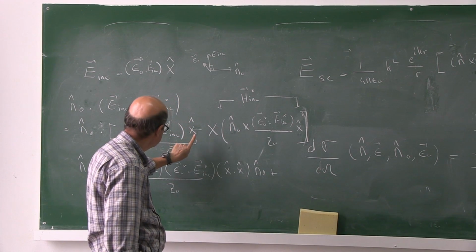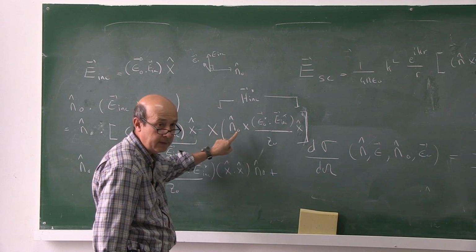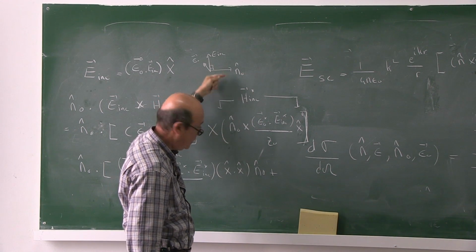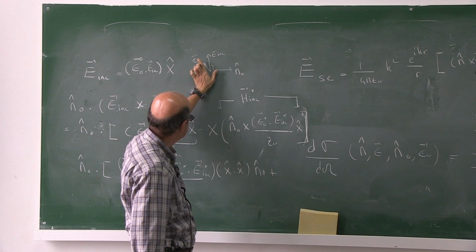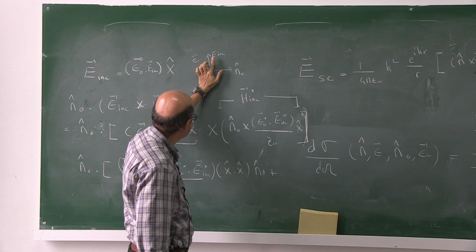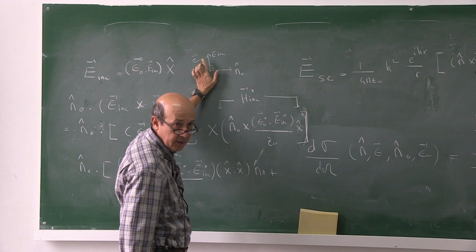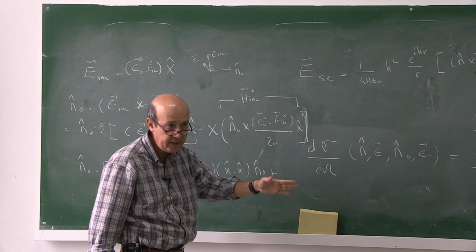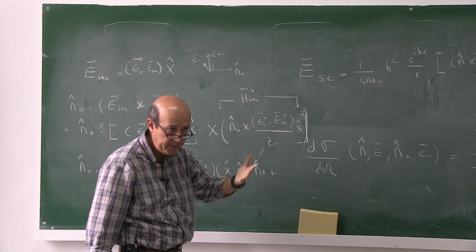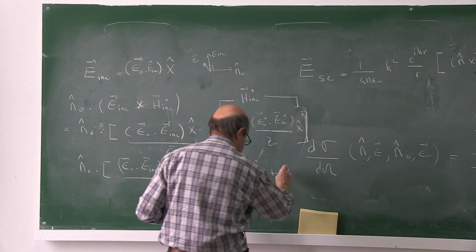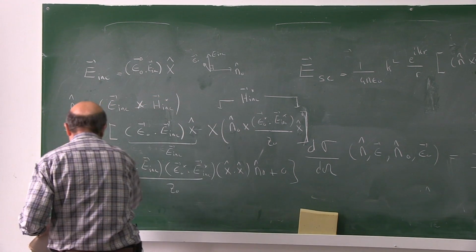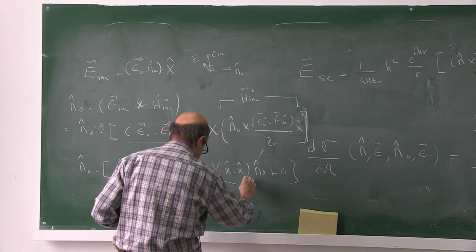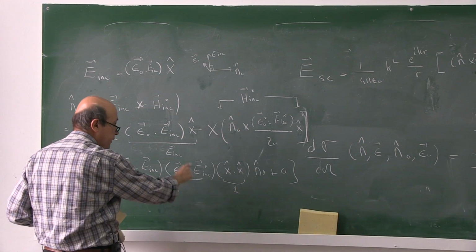The other term is A dot B. So n0 is the propagation direction. x hat is a unit vector of the electric field along the polarization. Basically, it is perpendicular: the propagation direction and the polarization are perpendicular to each other. The other term will be 0. And if you take n0 dot n0, that will be 1, and this is 1. You will be left with that term.